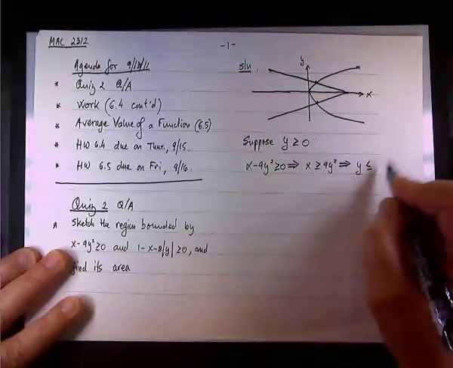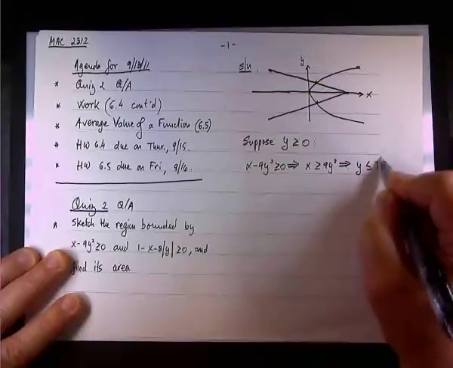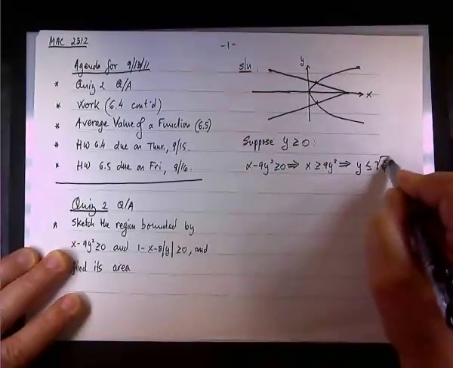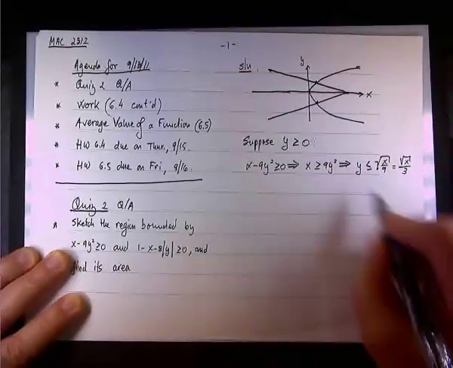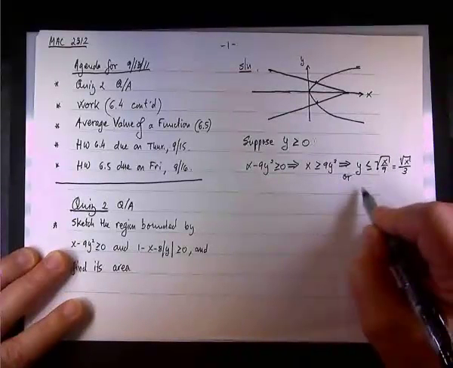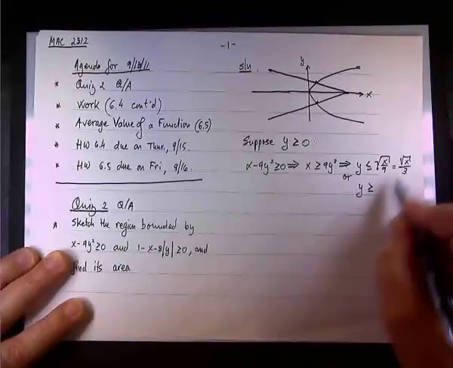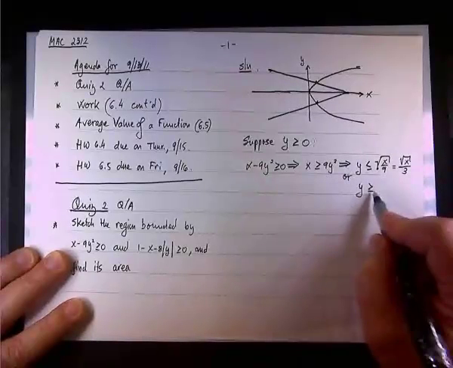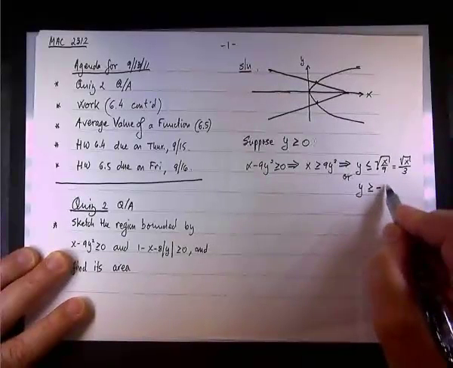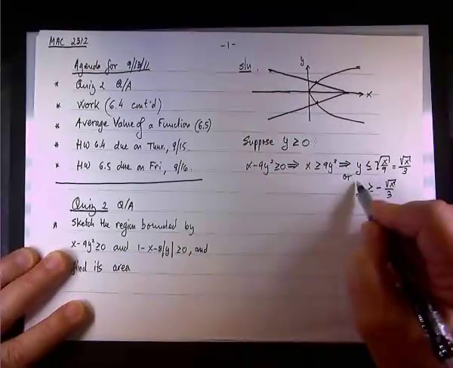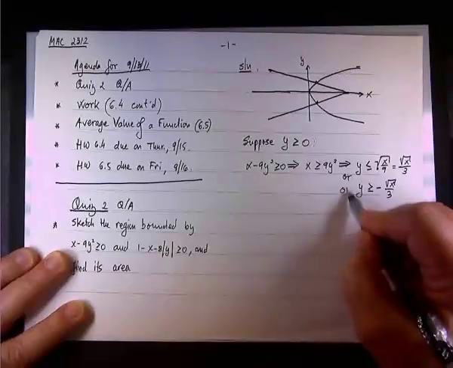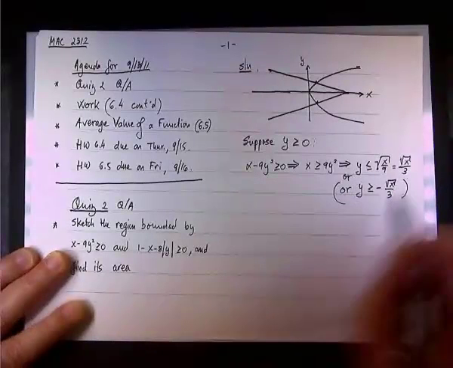is less than or equal to the square root of x divided by 9, which we can write as square root of x over 3, or, which we'll ignore, y is greater than or equal to negative square root of x over 3.